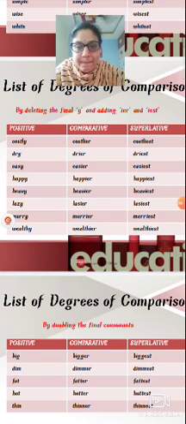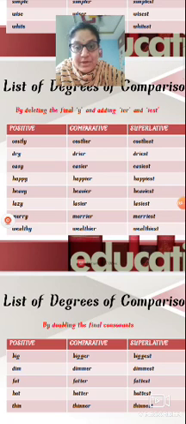Easy, ending with the Y, you have deleted the Y and taken the IER, easier, and IEST, easiest. And happy, ending with the Y. Here, happier, you have removed the Y and added the IER, so it becomes happier. And the superlative is the happiest.